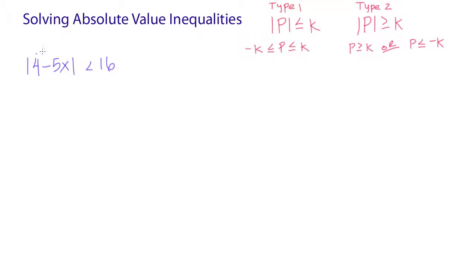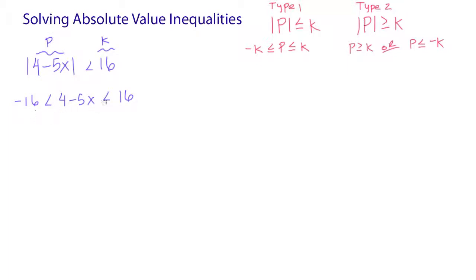So this part right here is P, and this is the constant. So we follow this pattern to solve it. It's going to be negative 16 less than 4 take away 5x, and less than 16. We use less than because that's what we are given, not less than or equal to.